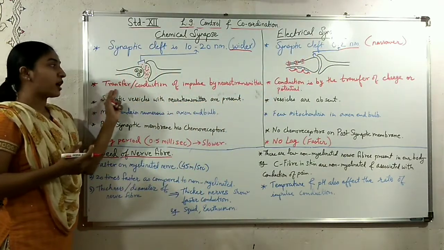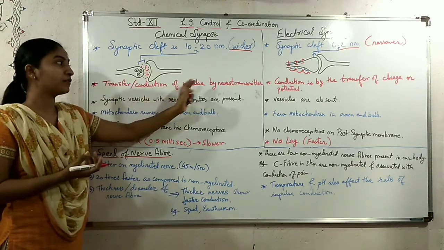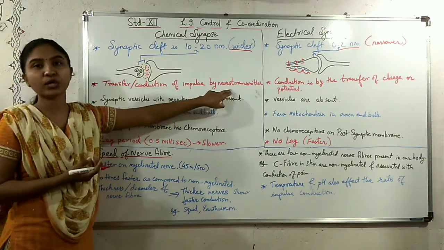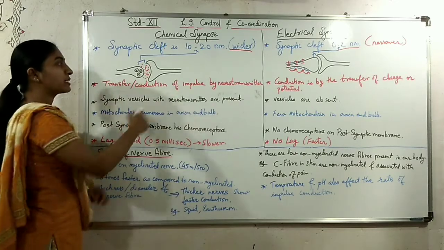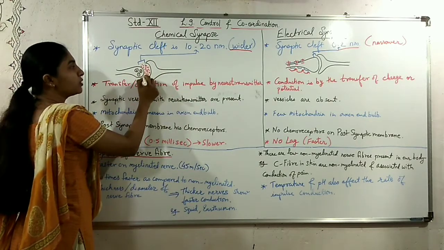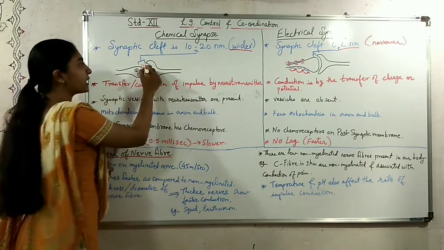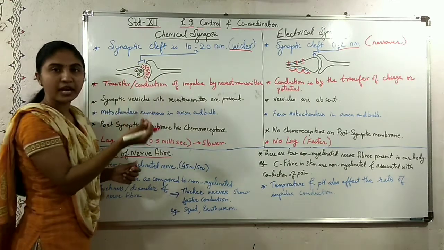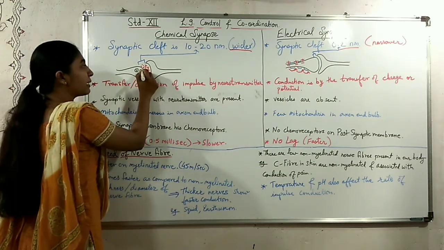Second thing, the conduction of the impulse is done by neurotransmitters. As we saw in the chemical synapse, the neurotransmitter, a chemical, is released into the synaptic cleft by these synaptic vesicles.